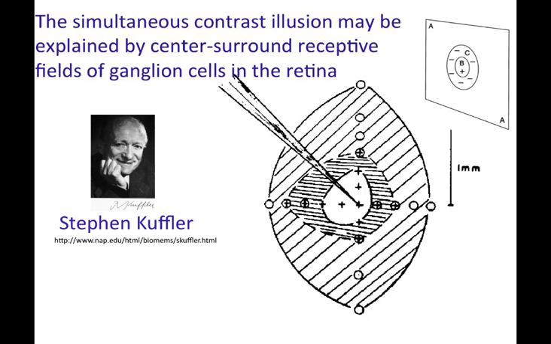This is a picture of Kuffler, and this is actually a reprint from his Journal of Neurophysiology paper from 1953. Believe it or not, they actually drew the results by hand. It seems impossible in today's world, but science has evolved. This is an illustration that he hand drew, and this is a result of his experiment.